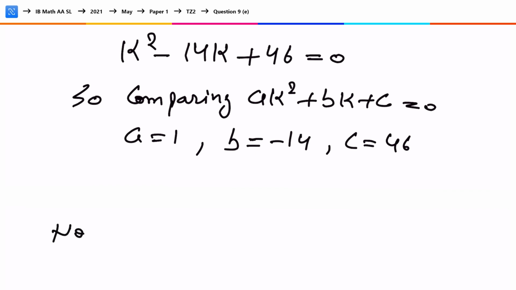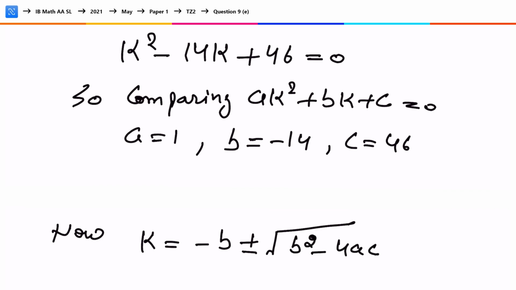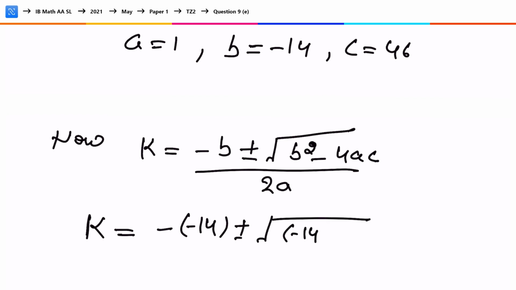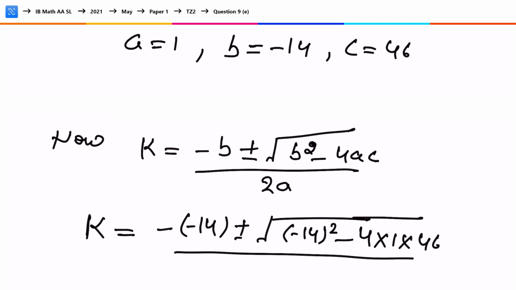Using the quadratic formula, k is equal to minus b plus or minus the square root of b squared minus 4ac, divided by 2a. Substituting the values, k equals minus of minus 14 plus or minus the square root of minus 14 squared minus 4 multiplied by 1 multiplied by 46, all divided by 2 multiplied by 1.